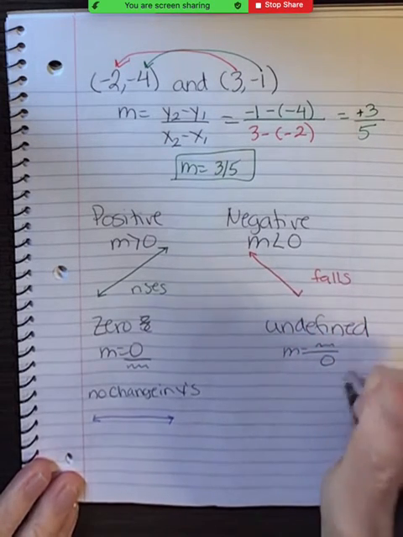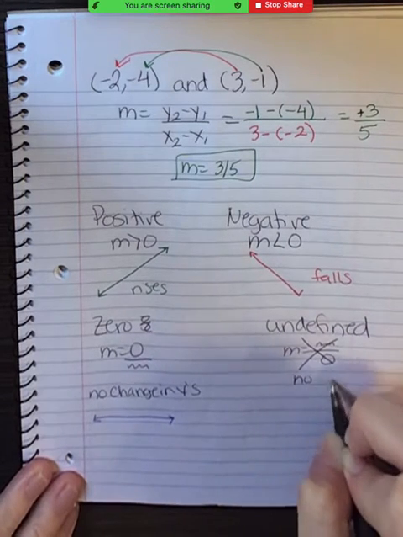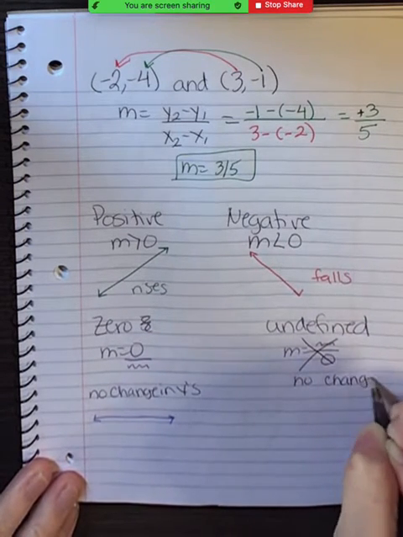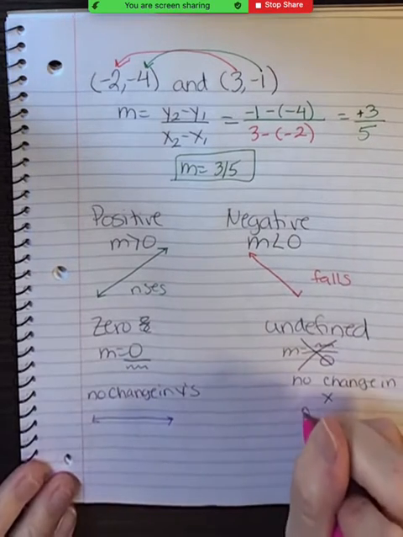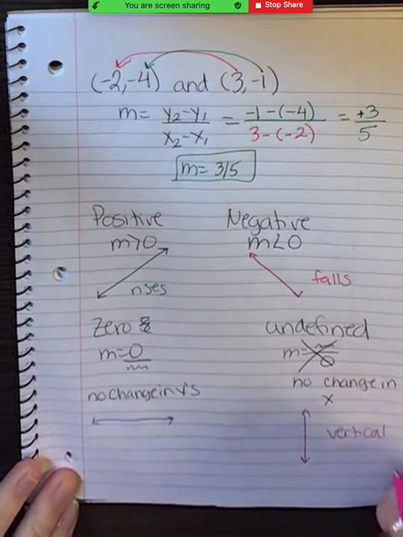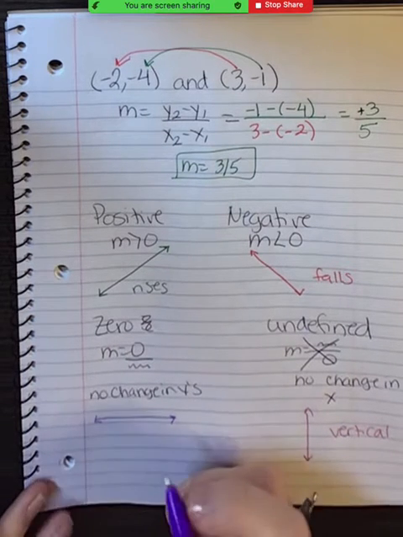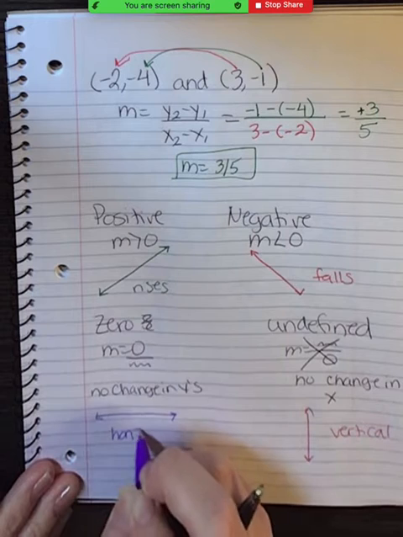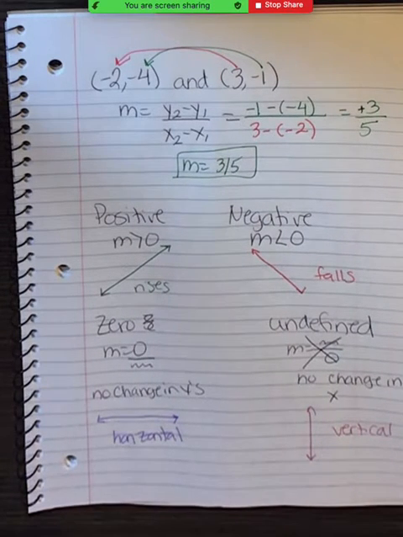We can't divide by 0, so that means there's no change in x. So you have a perfectly vertical line. Okay, 4 types of slope.